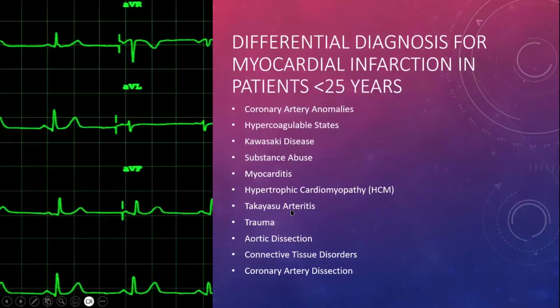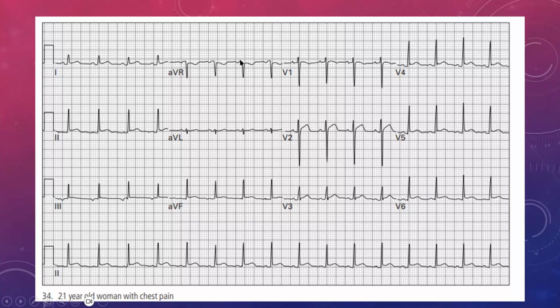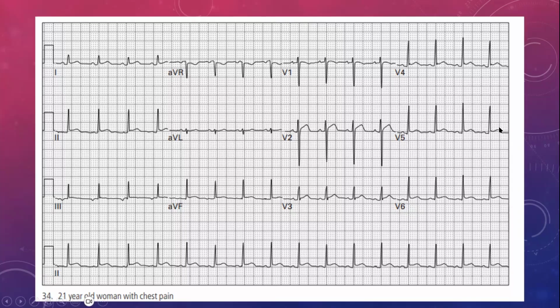And generally, you will get a history that comes along with it. This is more suggestive of a pericarditis. And the reason for that is actually this little PR elevation here in lead aVR. And this is very commonly seen in pericarditis. And pericarditis also gives us these widespread ST elevations as well.